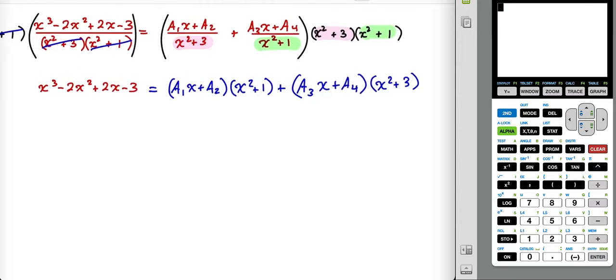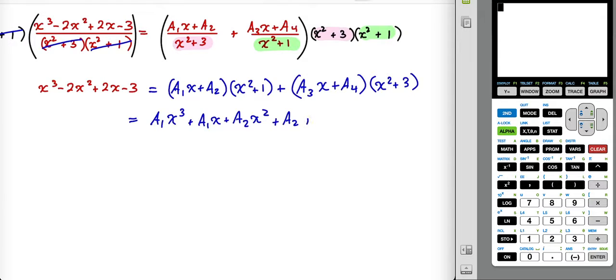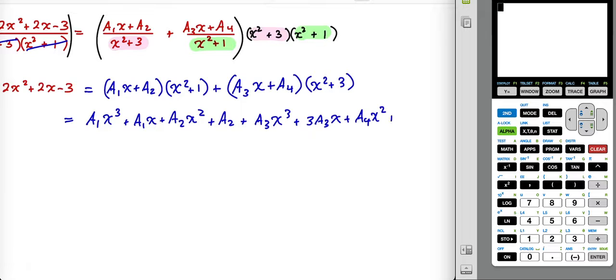All right, so distributive property, a1x cubed plus a1x plus a2x squared plus a2 plus a3x cubed plus, I'll write the 3 first, 3a3x plus a4x squared plus 3a4.